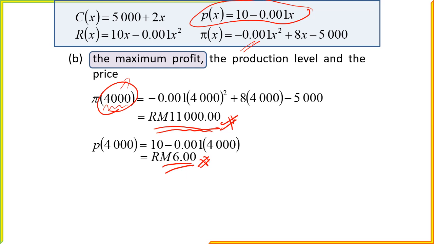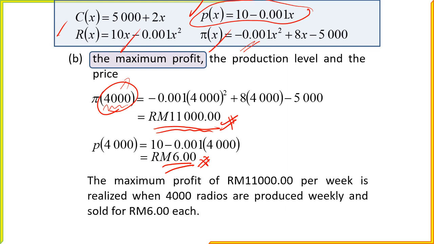So the maximum profit of 11,000 per week is realized when we sell 4,000 radios produced weekly, at 6 ringgit each.